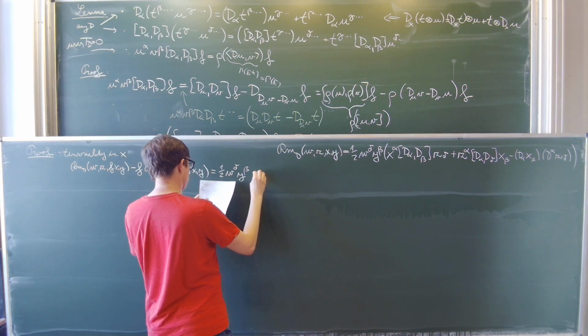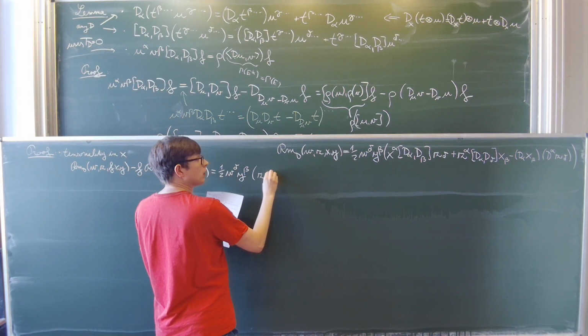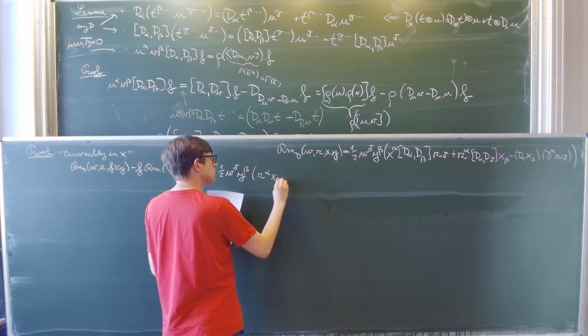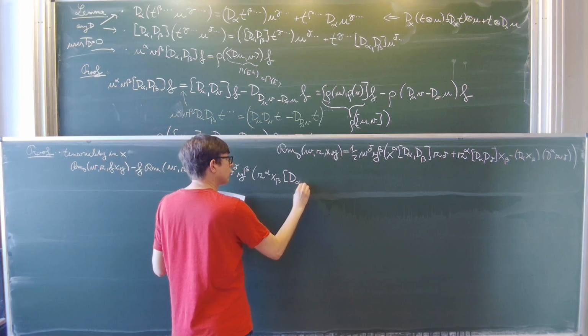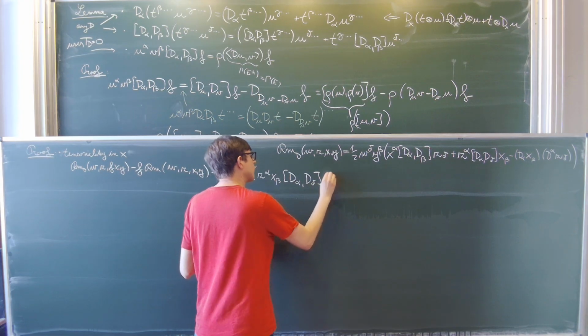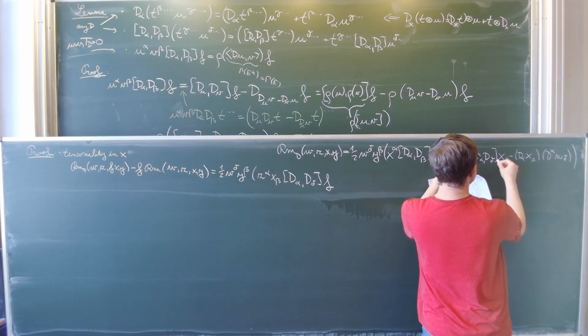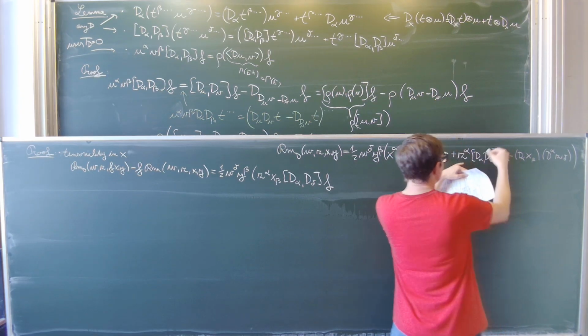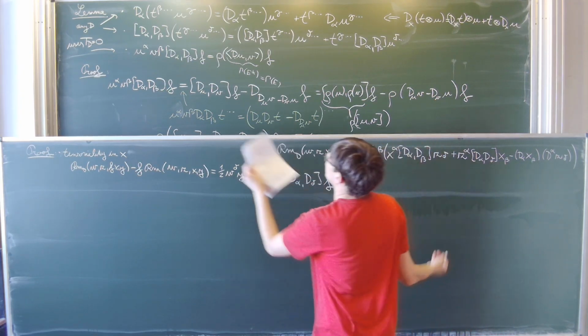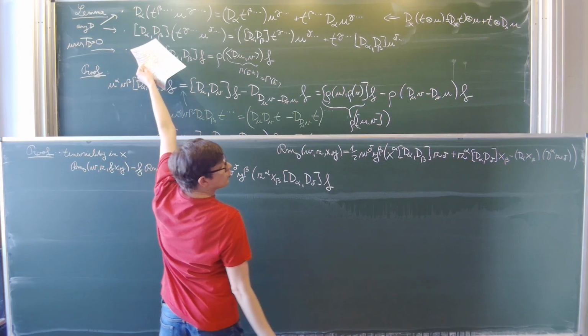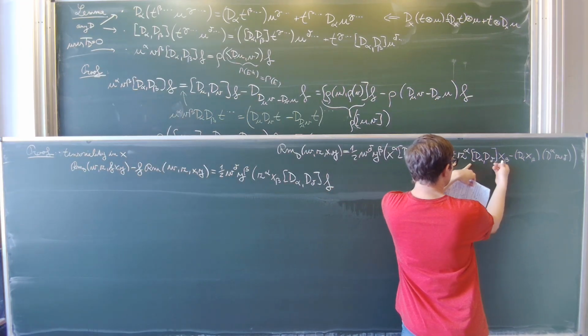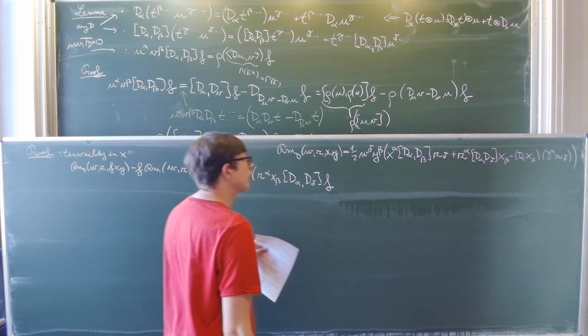So x goes out, and I have d alpha d delta on f. Imagine that I wrote this term once with an f in, and once with an f out, and I subtract them, and by the second formula, the result is simply this commutator acting on f.